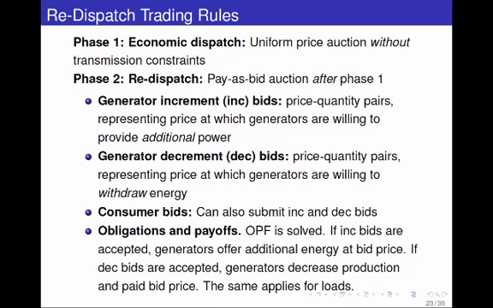So we're running two auctions, basically. And the second auction is not the same as the first, it's a pay-as-bid auction. So in the second auction, I'm going to pay you what you asked for, not a uniform price.